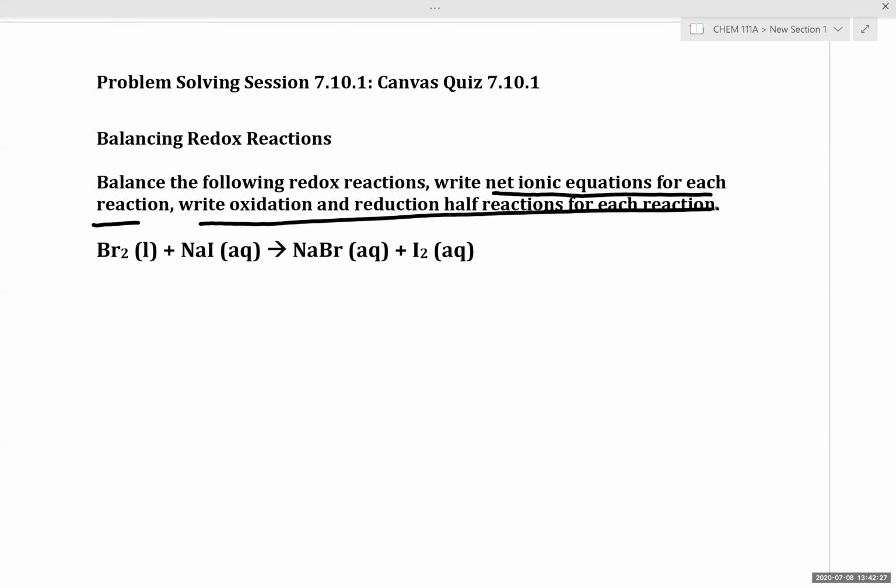And we'll discuss this example in about 3 to 4 minutes. And don't be shy to message me with your proposed balanced chemical equation.